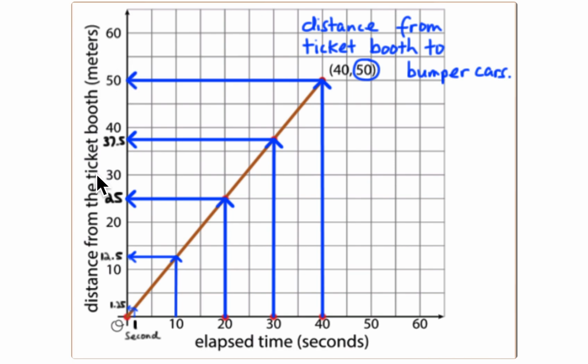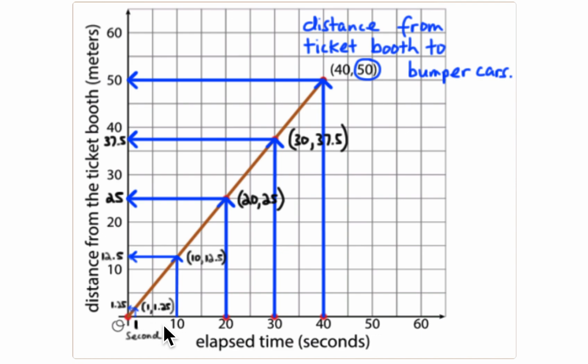So in each case, you've traveled at a rate of 5/4 meters per second, times 10, times 20, times 30, times 40. So this is 1 25/100 times 10 is 12.5. 1 25/100 times 20 is 25. 1 25/100 times 30 is 37.5, and so on.